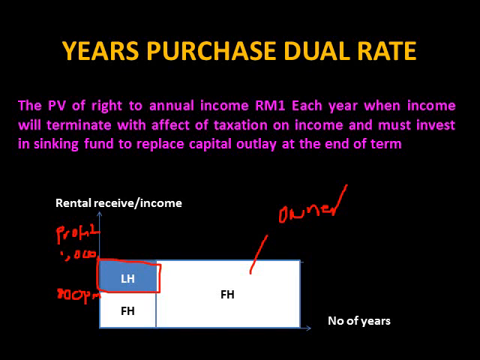Let's say the property was let at RM1,000 per month, that is, the surrounding property's market rental is RM1,000 per month. However, this leaseholder let the property at RM800 per month.